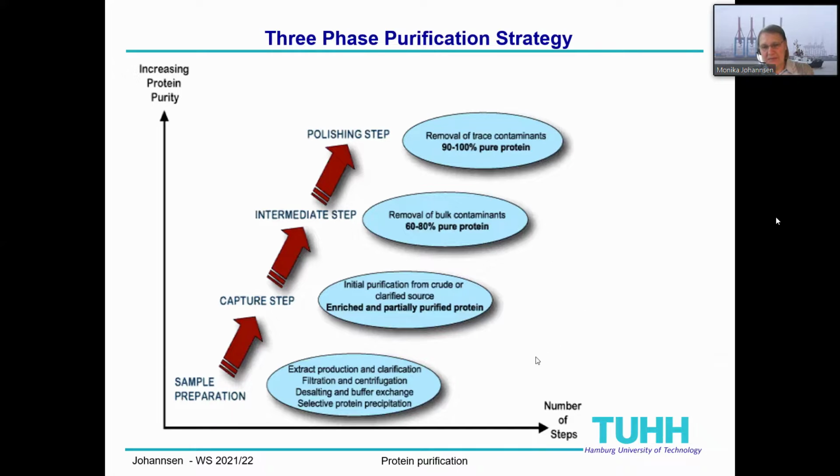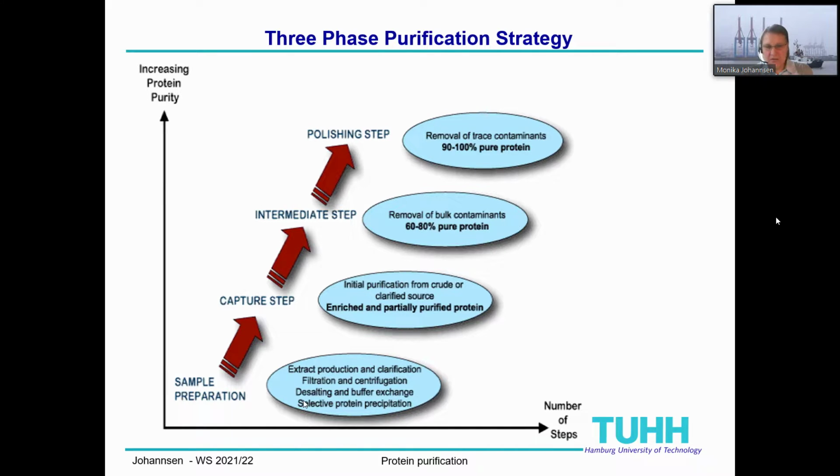Yeah, so I told you already, so usually we need several different steps, and each step might include more than one step here. But usually we start with a sample preparation. Then from that we produce an extract and do first a clarification by, for example, filtration or centrifugation.